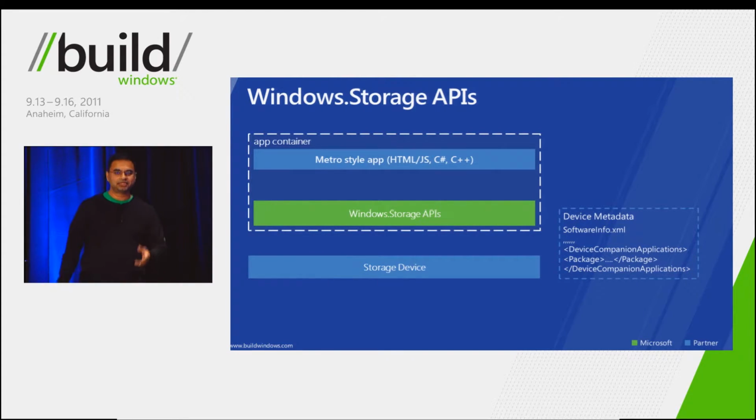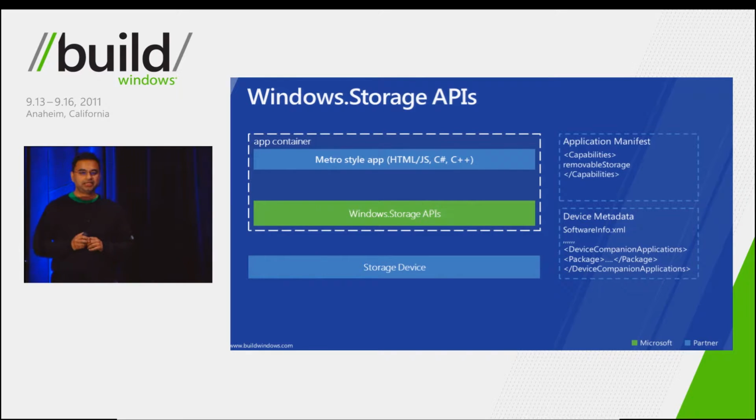And the application itself can directly communicate with the device using the Windows Storage APIs. Since the Windows Storage APIs are WinRT APIs, they are available in all 3 languages, and so the application can directly talk to the device. The capability that one needs to specify in the manifest is the removable storage capability.